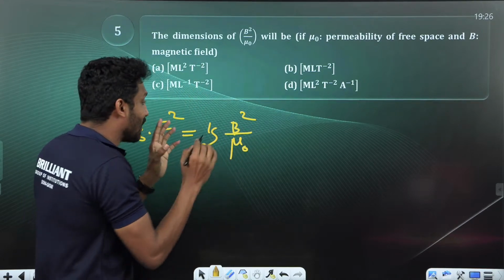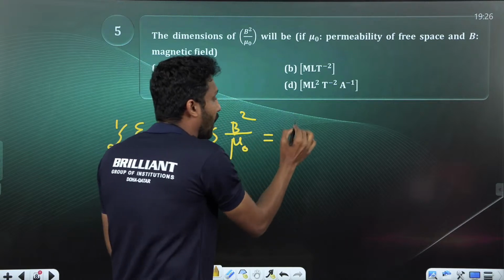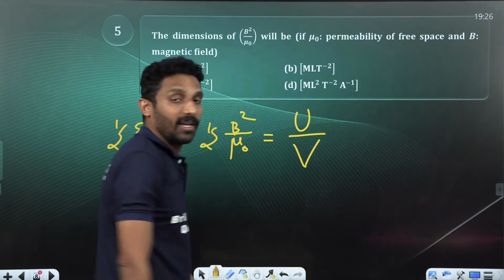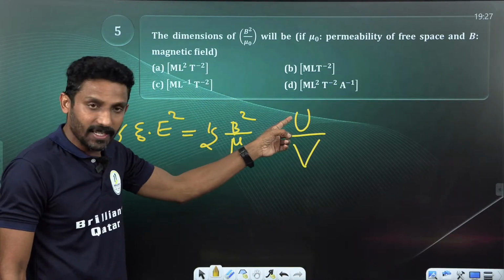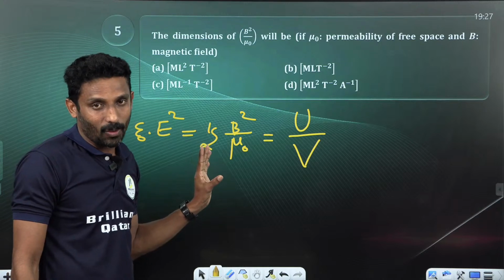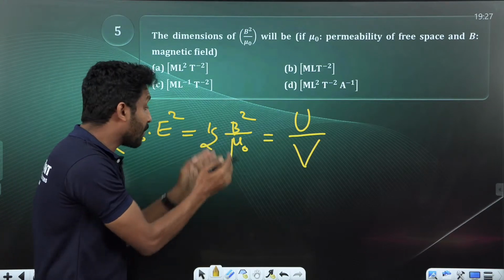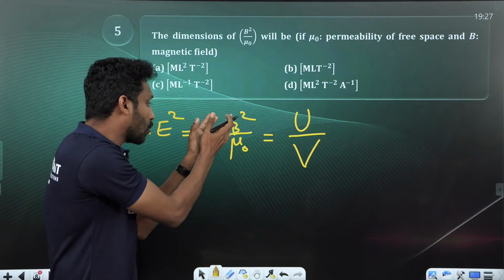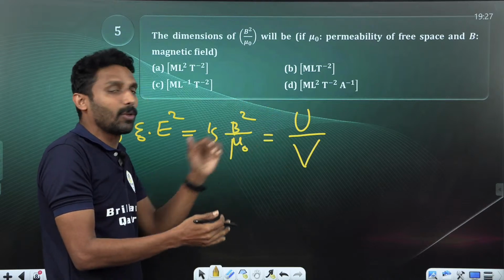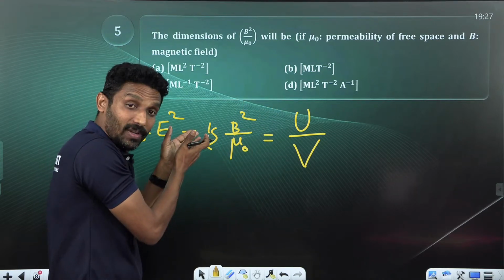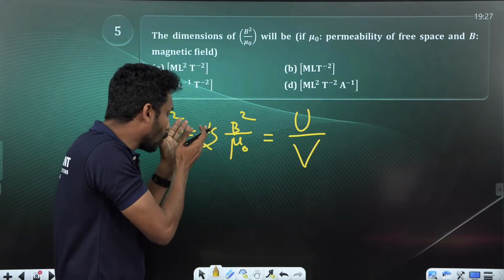This is energy per unit volume, U by V, total energy U divided by volume. Then b square by mu naught is also energy per unit volume, because the half is dimensionless. It has no unit.